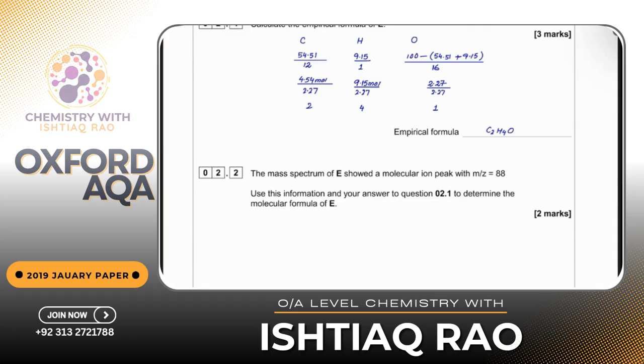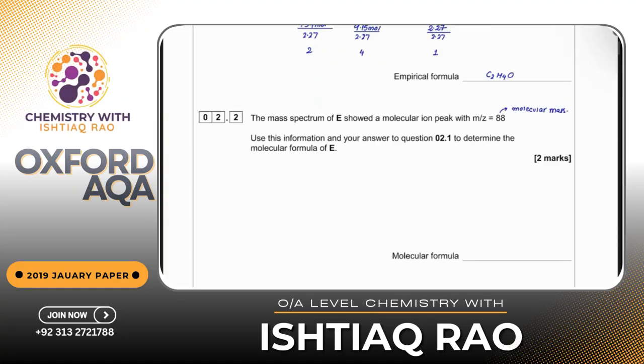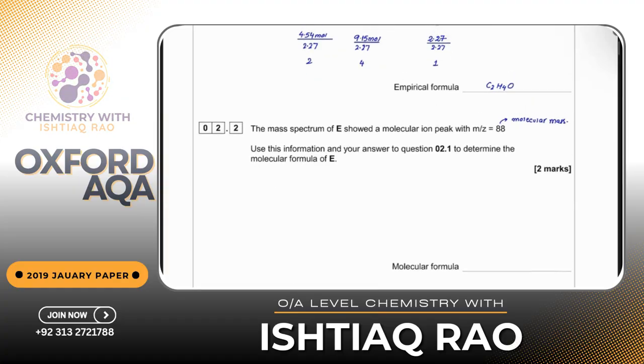And they are saying the mass spectrum of E showed a molecular ion peak with mass to charge 88. That's the molecular mass. The molecular ion peak tells us the molecular mass of a compound. Use this information and your answer to question 2.1 to determine the molecular formula of E. So you find n by dividing 88 by the empirical formula mass.